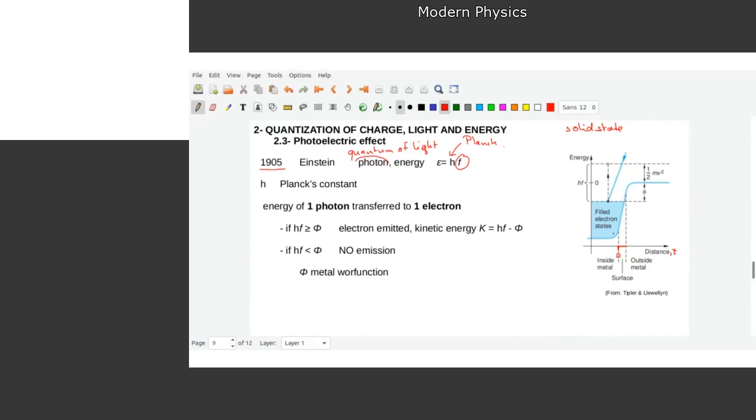And if you are outside, this is z0, this is the depth. So for z bigger than z0, you have a free electron, so your electron is out of the metal, okay?